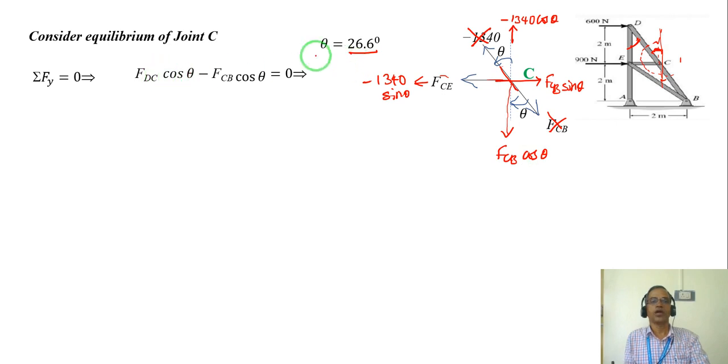So FCD cos theta, this is nothing but FCD, right? So this 1340 that I wrote is FCD, which is upward, which has a value of negative, and FCB cos theta downward, minus. So substituting FCD, which is minus 1340, FCB can be found out. That is nothing but again minus 1340. That means it is compression.